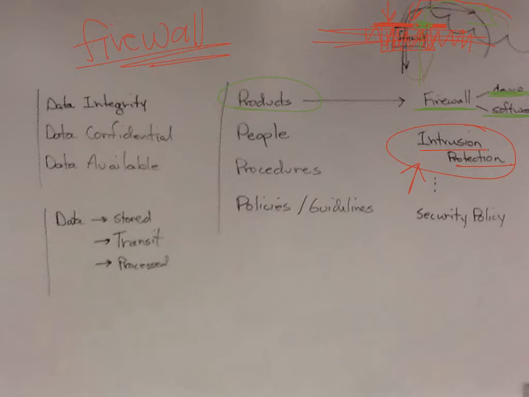Well, the problem is a lot of hackers get in by fooling people to let them in. So at least we have a way, when something bad is starting to happen to a network, to identify it and stop it. And then they talk about virus, malware, spyware, those types of things.